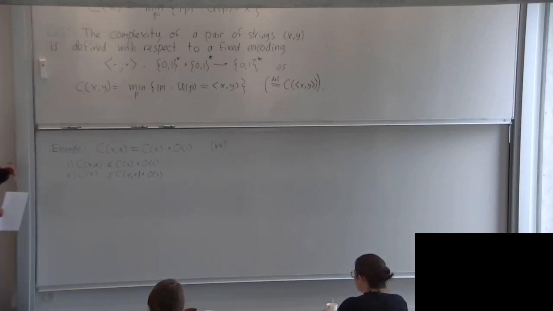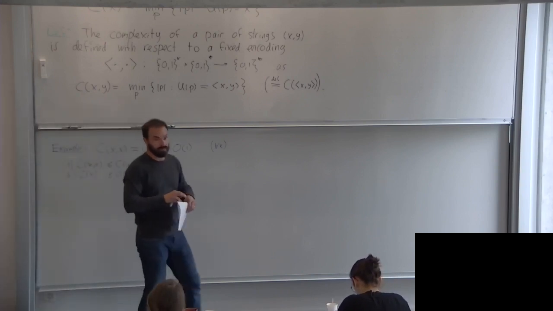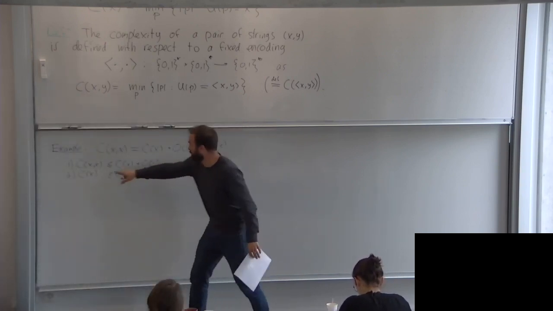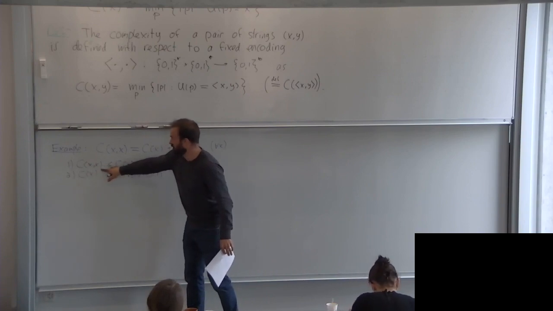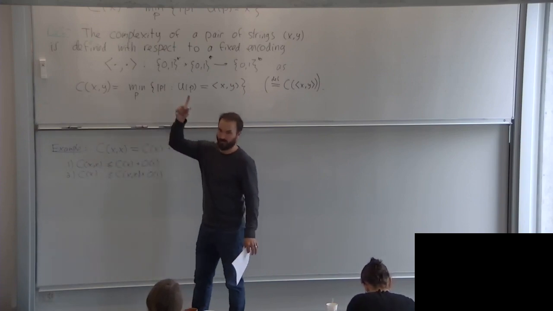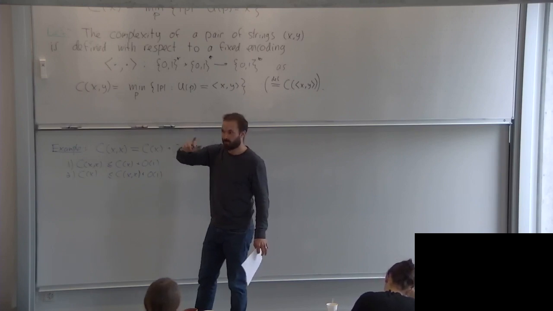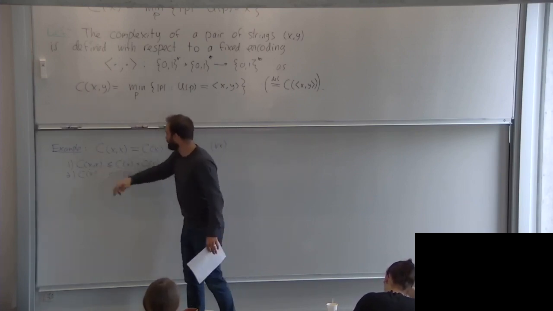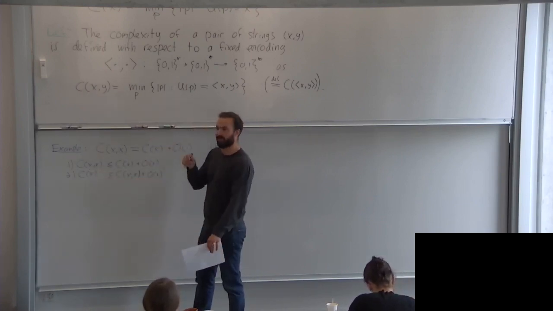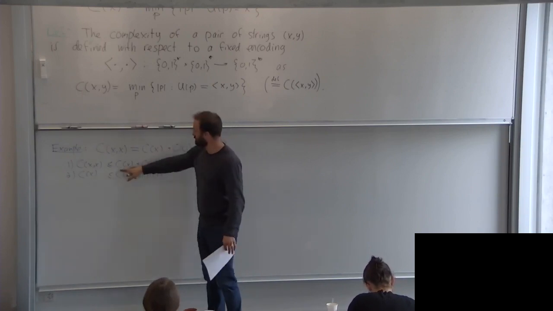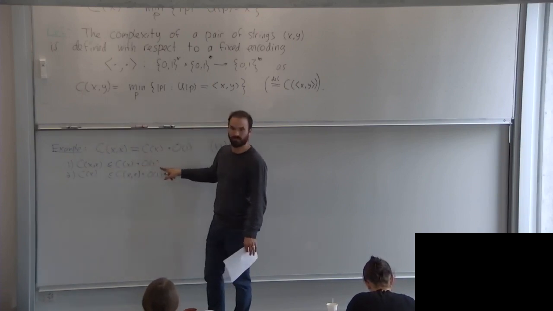Okay, so the arguments that we've been using so far have the form of an upper bound. If I want to upper bound this, I need to come up with one program for computing the pair XX. One program to compute XX is blah, blah, blah. And notice that blah, blah, blah has length C of X plus O of 1.